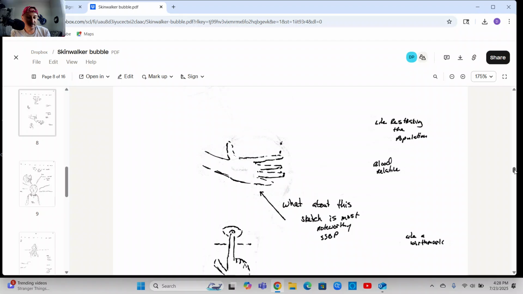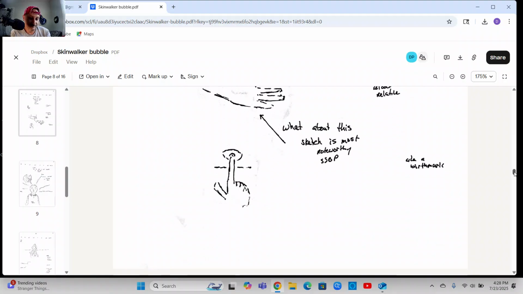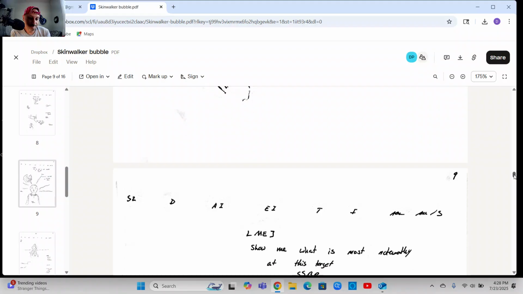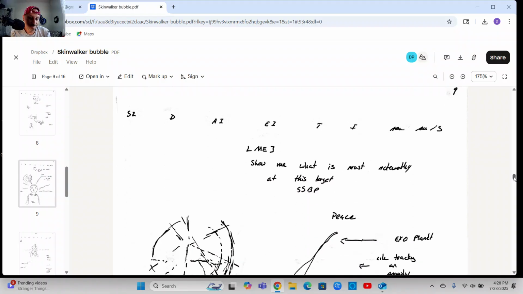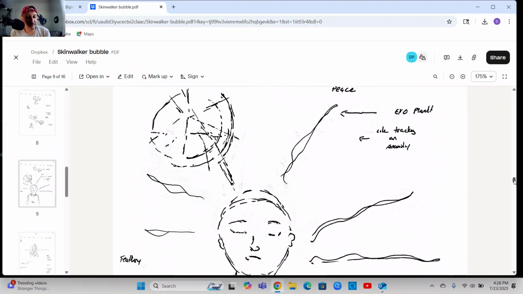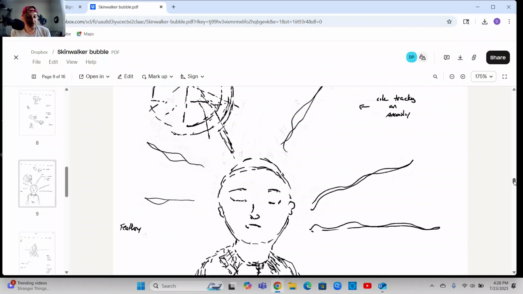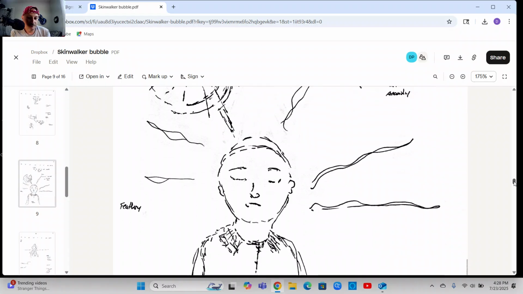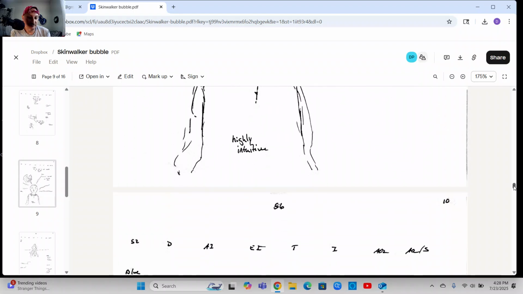And this was indicating, symbolically, a blood relative. So I get a sense of, show me what's most noteworthy here. I get a sense of peace, an exoplanet, like tracking an anomaly. And I get this person who feels like super psychic, highly intuitive.